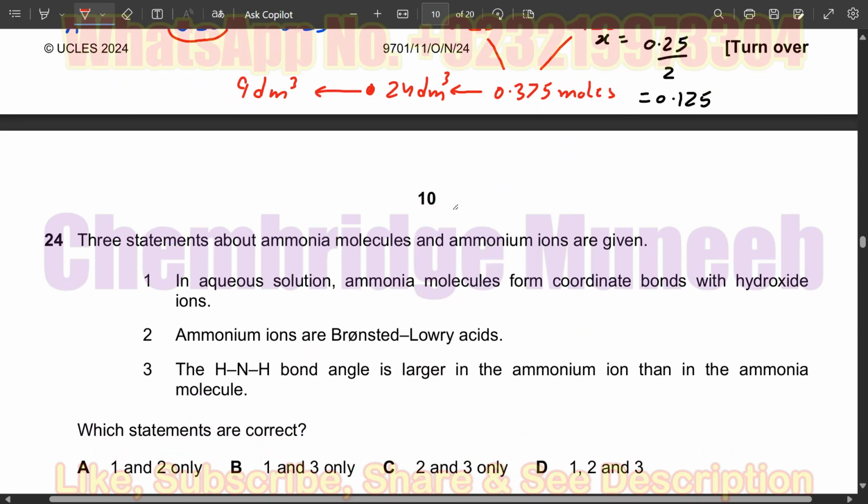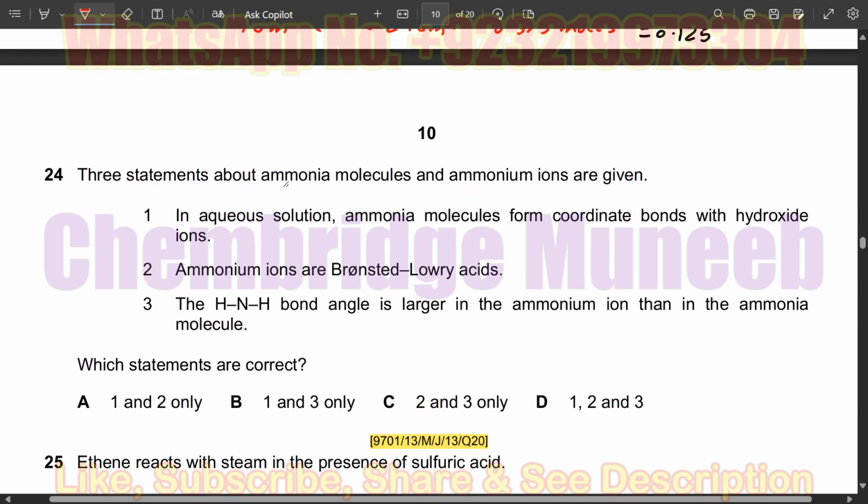Then question number 24. Three statements about ammonia molecules and ammonium ions are given. In aqueous solution, ammonia molecules form coordinate bonds with the hydroxide ions. For this purpose, we must have the structure of the ammonium hydroxide. Ammonium hydroxide is written as NH4OH.